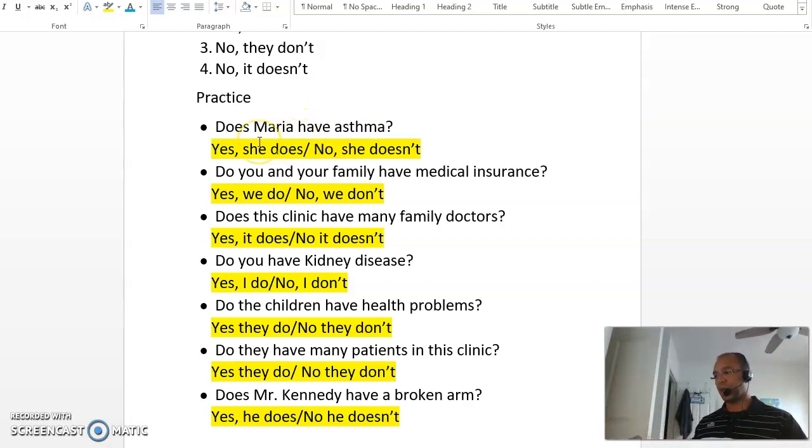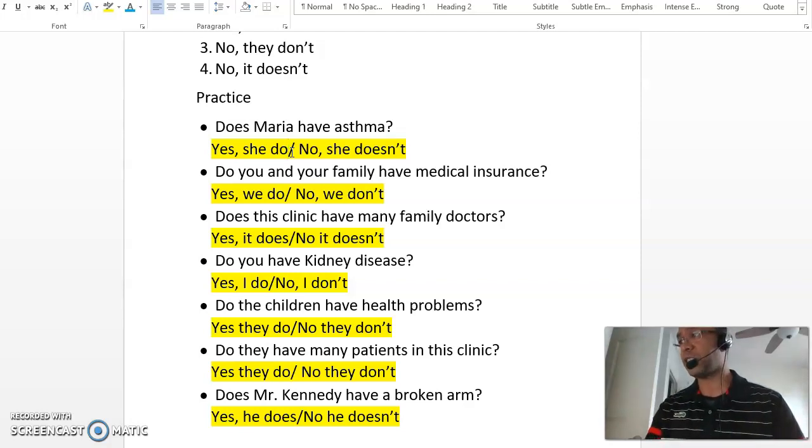And the answer to that would be yes, she does. Or no, she doesn't. Now, if you hear the answer, "yes, she do," that also is incorrect. That's not good. You can only say yes, she does.